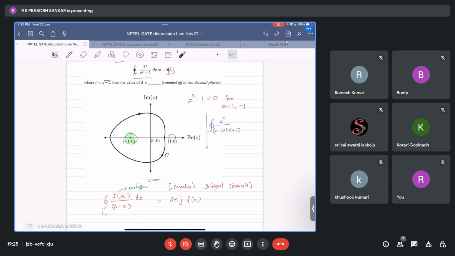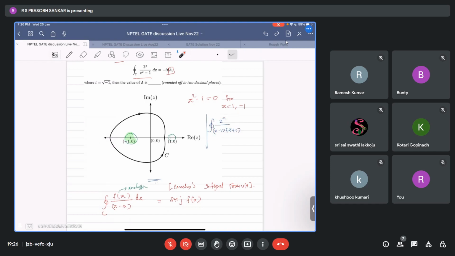But the numerator should be analytic. Now, if I have it in this kind of form, then the integral is nothing but 2 pi j times f of a, where f is whatever we have here in the numerator.